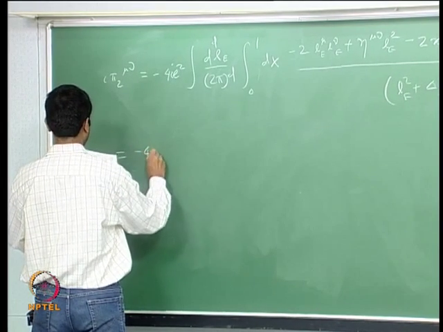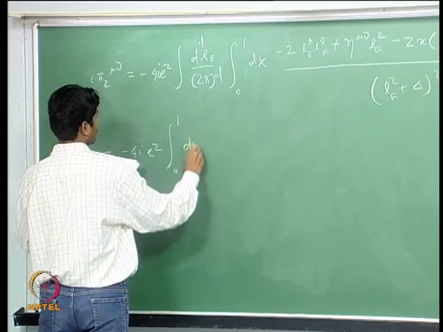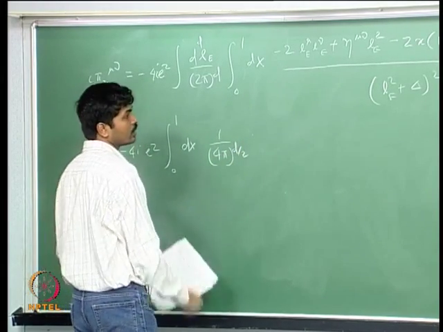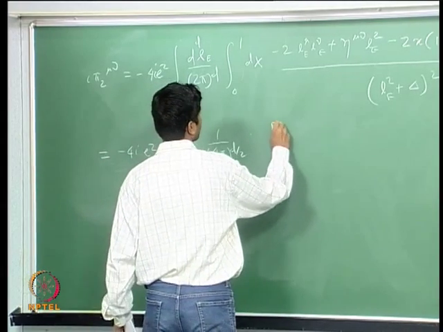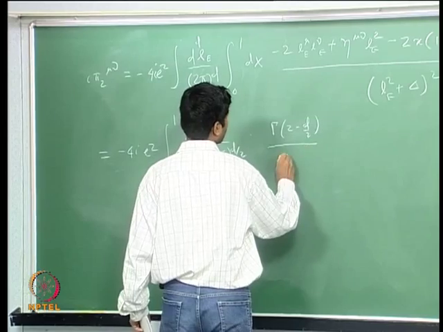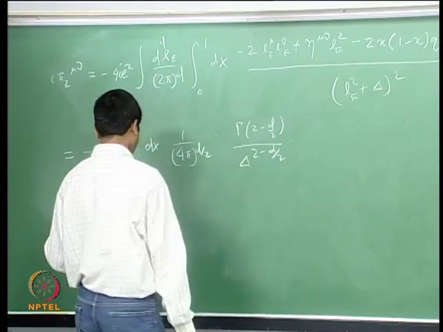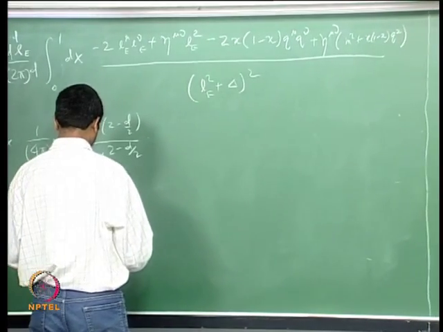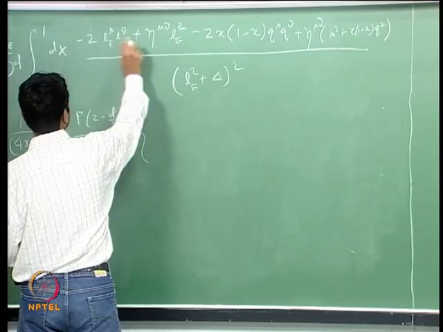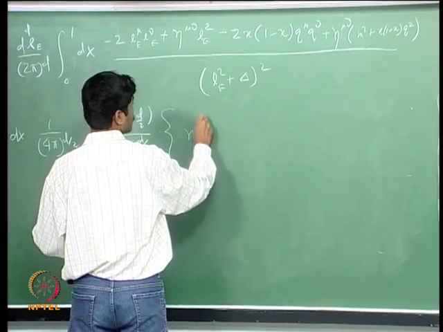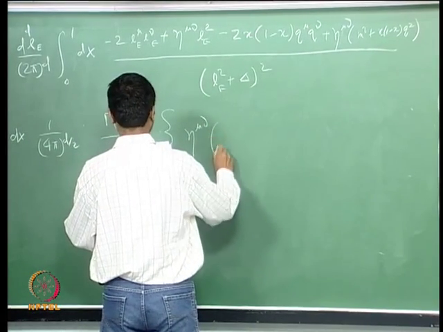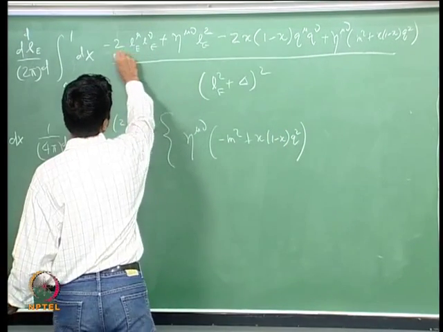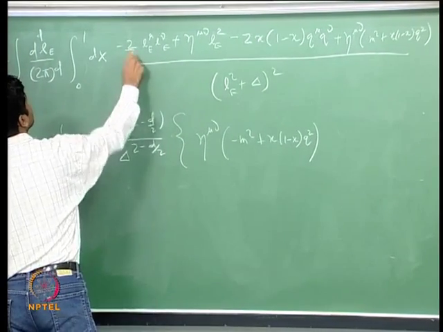This is equal to minus 4 i e square integral 0 to 1 dx, 1 over 4 pi to the power d by 2, and what I got there is gamma 2 minus d by 2 divided by delta to the power 2 minus d by 2, and I will combine all the terms here in the numerator to get this term here, which will give me eta mu nu times delta, which is nothing but minus m square plus x into 1 minus x q square, that will come from these two terms here. Here it is 2 by d.